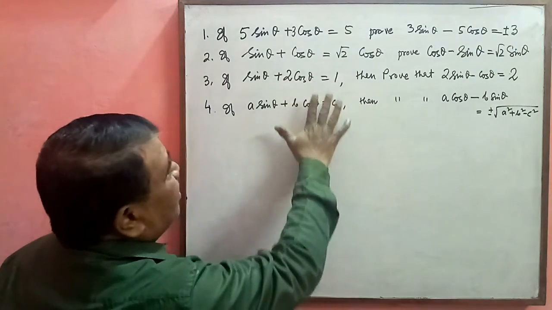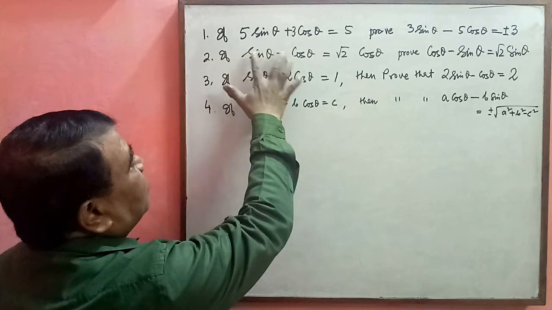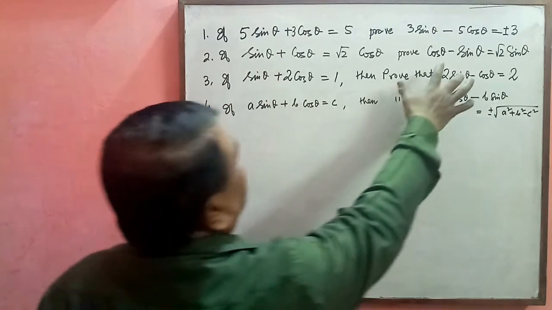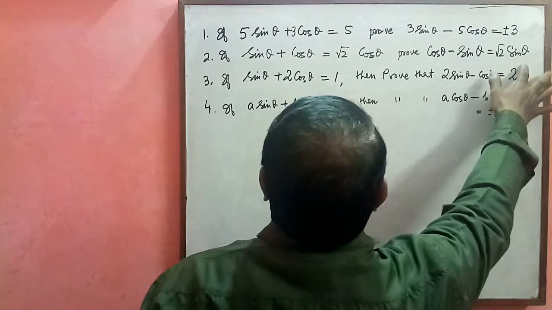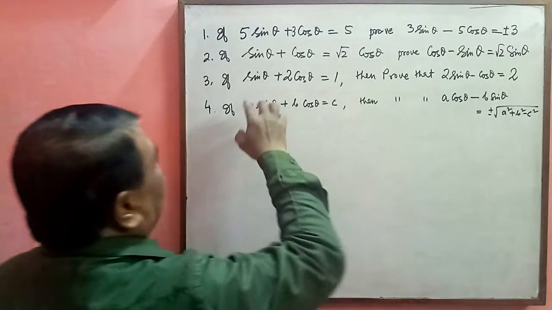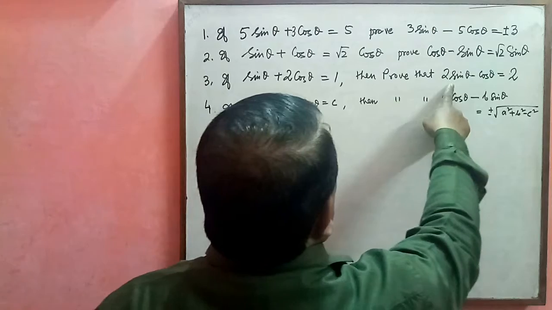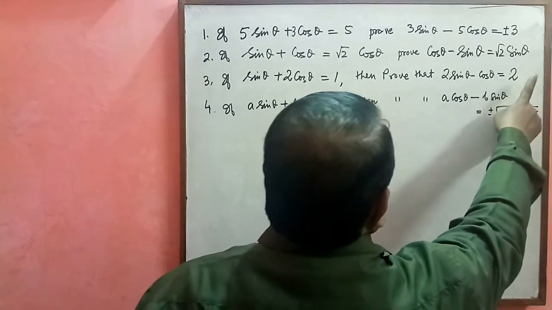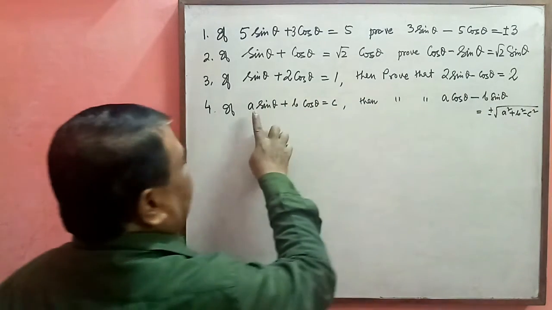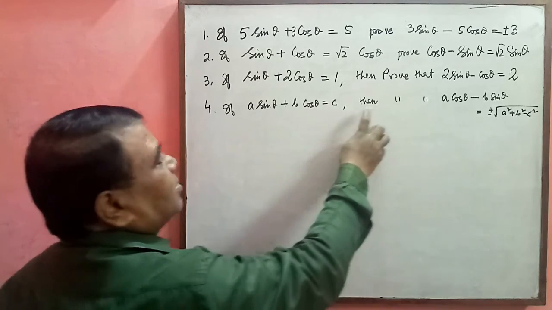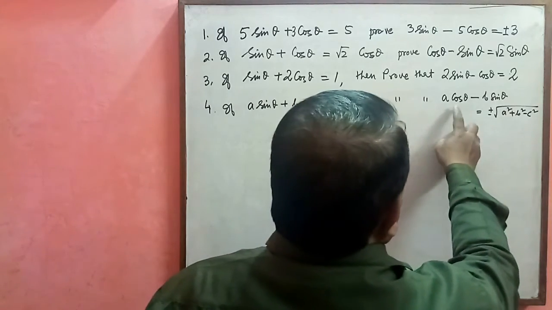Likewise, you see all the questions are similar. Here 1 is the coefficient. This is cos theta minus sin theta is root 2 sin theta. Again, sin theta plus 2 cos theta. Here 2 sin theta minus cos theta is equal to 2. We have to prove. And a sin theta plus b cos theta is equal to c, then prove that a cos theta.